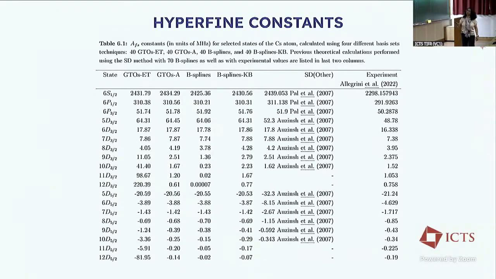These are the hyperfine constant values produced using the all-order method using the package. And we notice that if we use GTO adaptives, then even using 40 bases, we could get results very close to experimental values. In the literature, the theoretical results have been produced using 70 B-splines. So the number of bases required could be reduced if we appropriately optimize our bases over the grid.